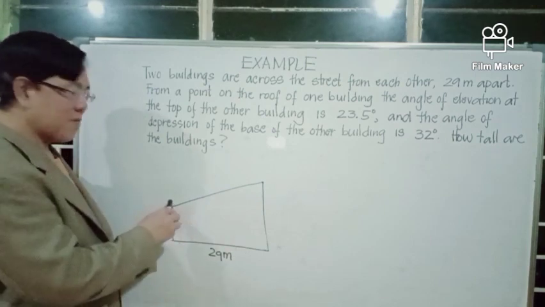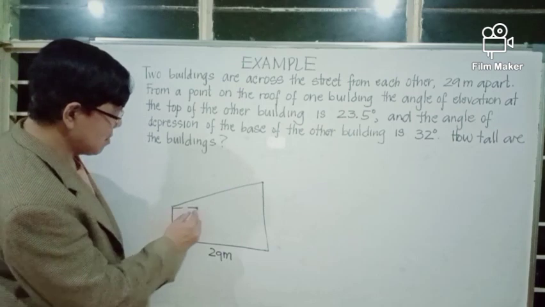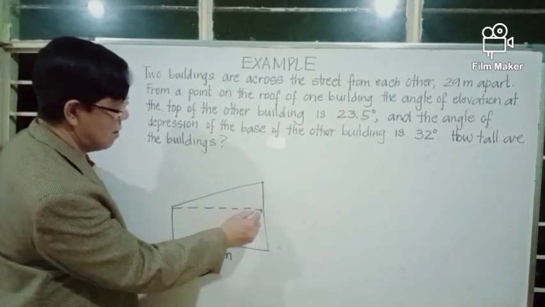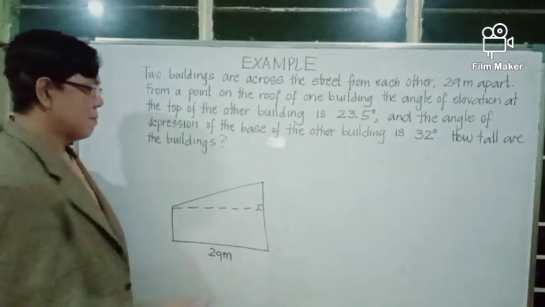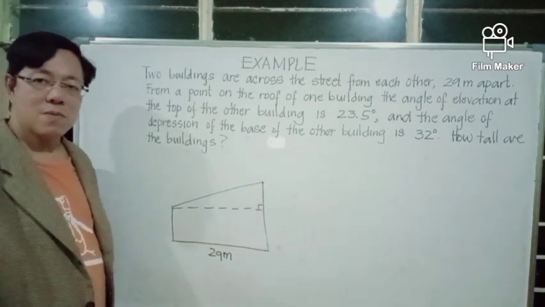So from the roof of the first building, we draw a line perpendicular to the second building and parallel to the level ground.